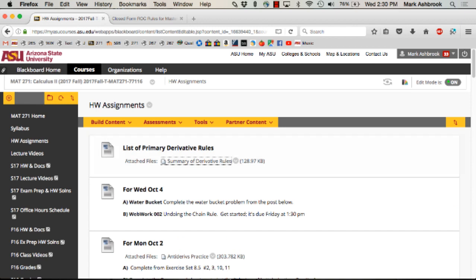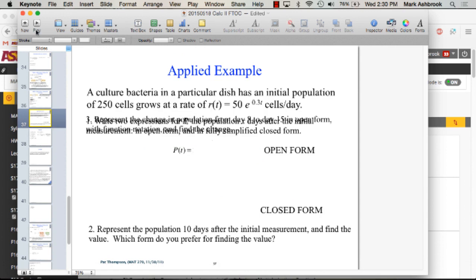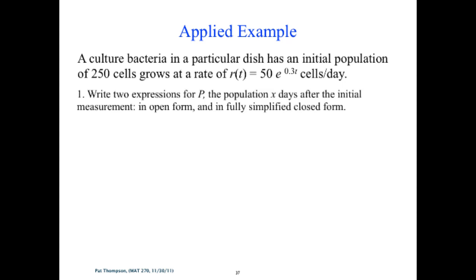Okay, let's do an applied problem here. All right, so a culture of bacteria in a dish has an initial population of 250 and then grows at a rate of 50 times e to the 0.3 t cells per day. So I want you to write two expressions for P, which is a function.